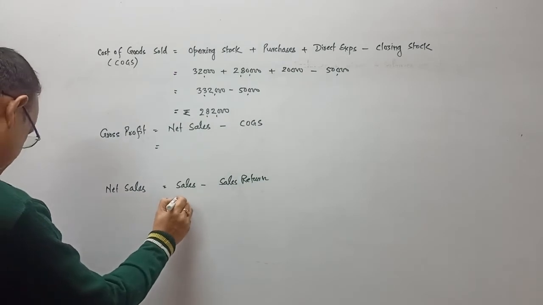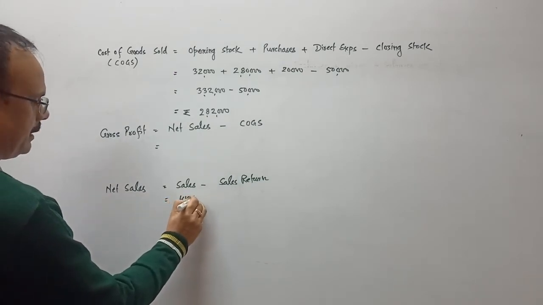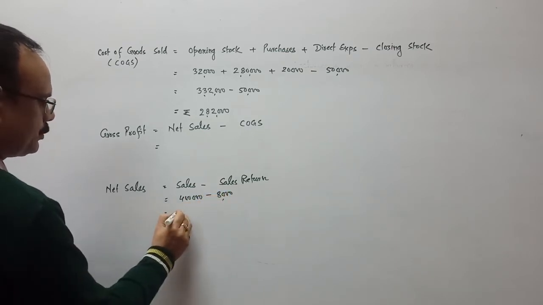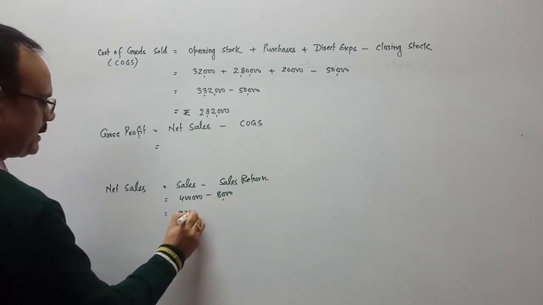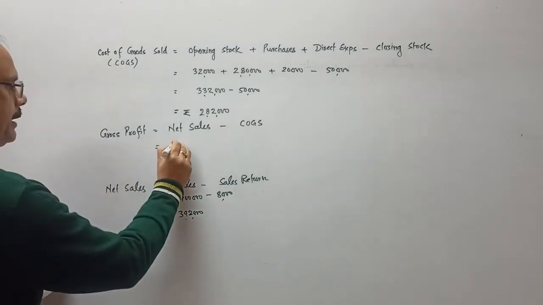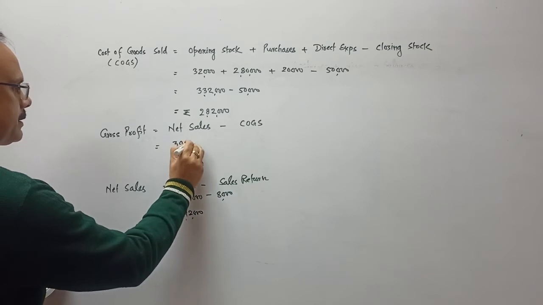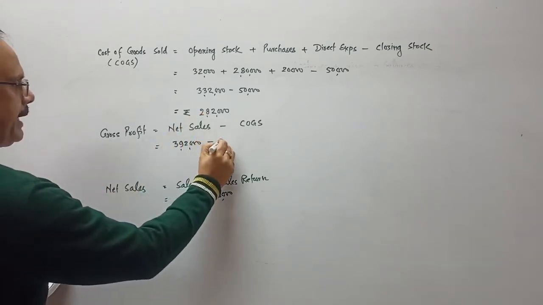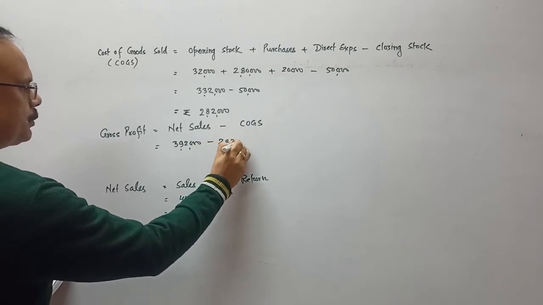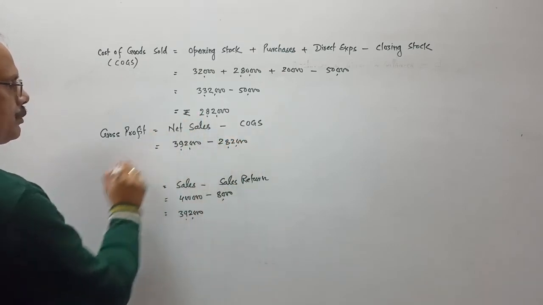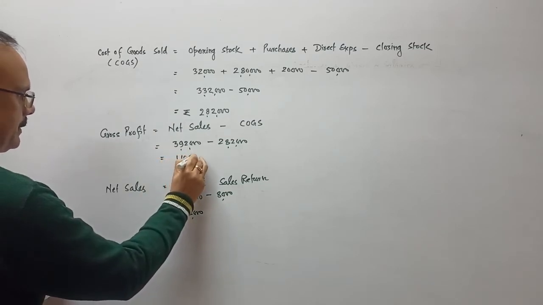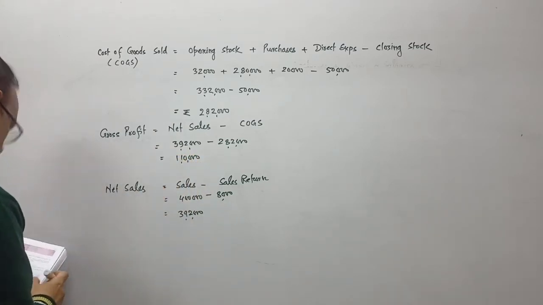Sales is 4 lakhs and sales return is 8,000, so net sales is 3,92,000. Net sales 3,92,000 minus cost of goods sold 2,82,000, so the difference is 1,10,000, which is the gross profit.